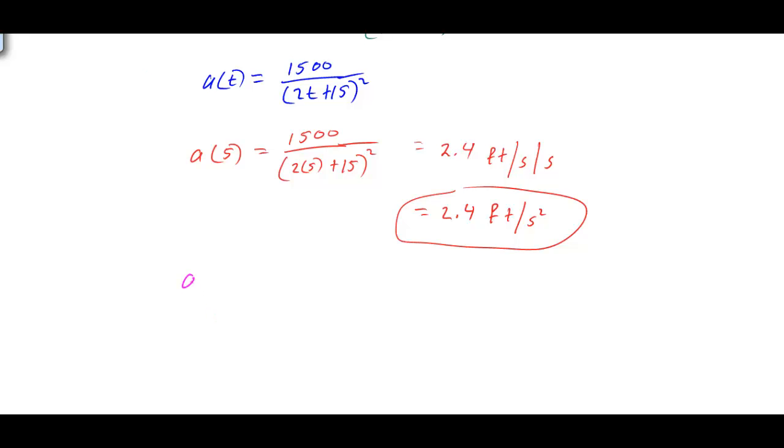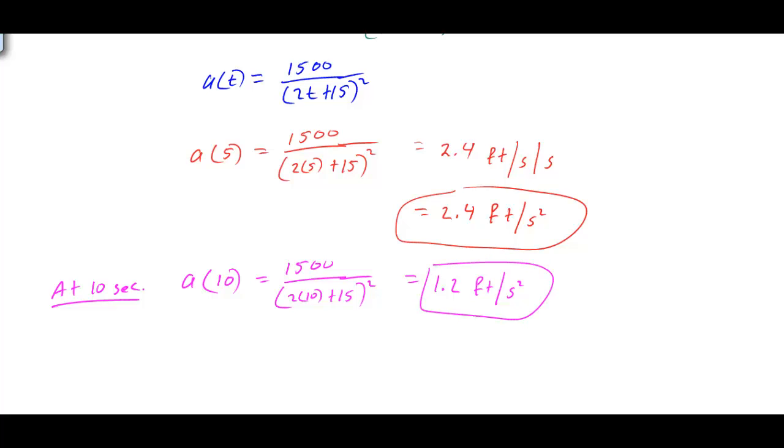For example, if we said, what's the acceleration after 10 seconds, we would simply plug 10 in, and we would have 1500 over 2 times 10 plus 15 squared, and you would end up with, I believe, an answer of 1.2 feet per second squared.